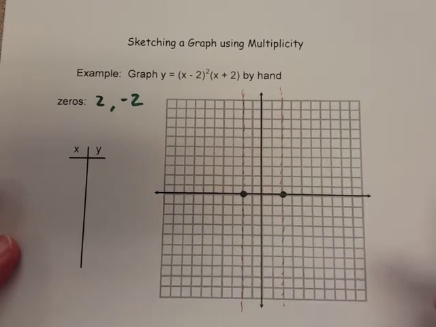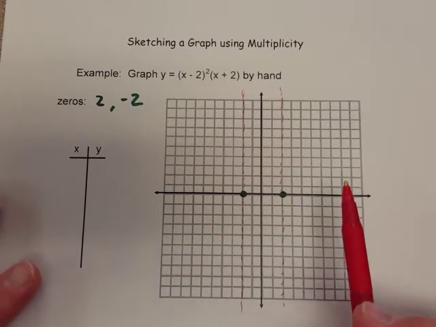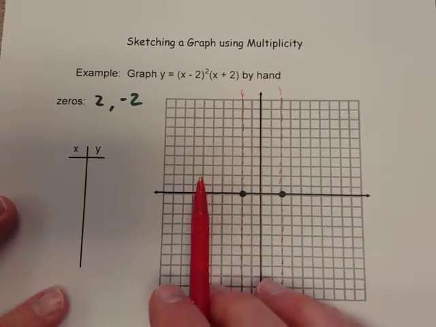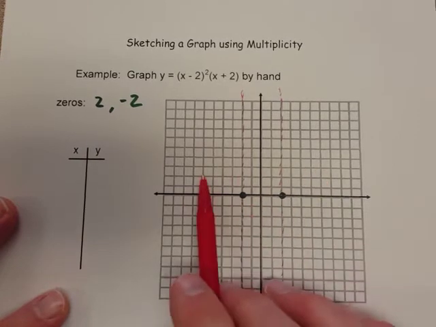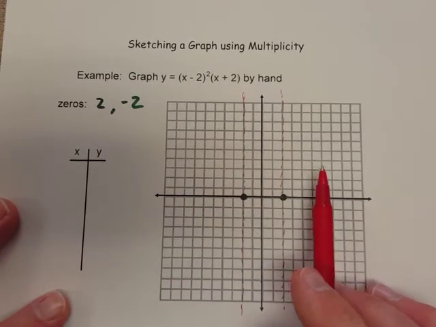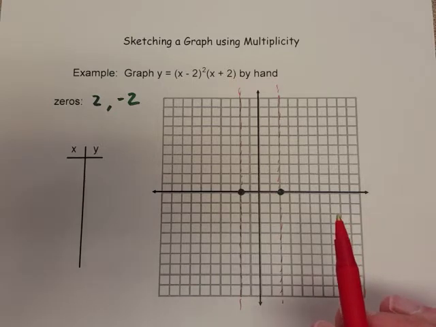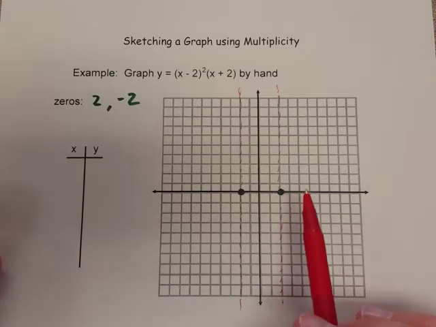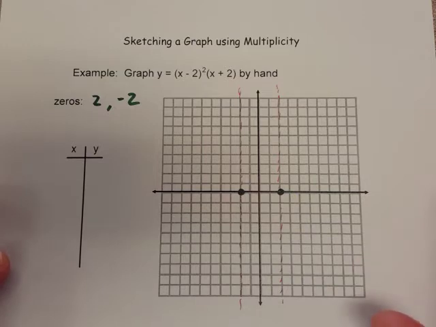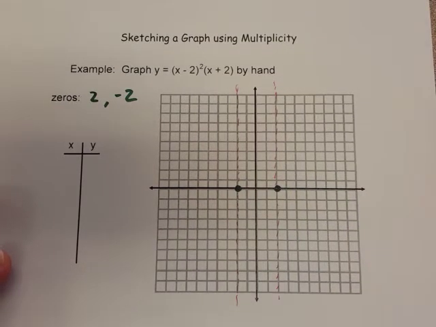Notice that it creates 3 different sections to the graph: a left, middle, and right. My goal is to get just a couple other points for this graph, but have at least one in each section of the graph. So I've got to be careful about how I choose those points.